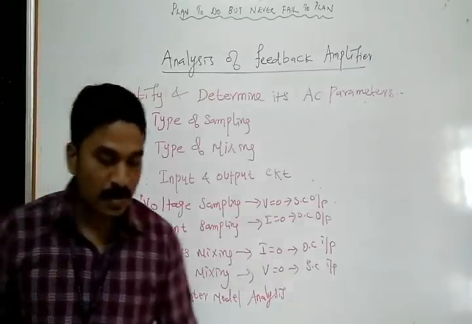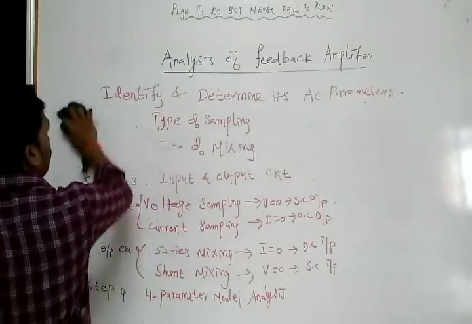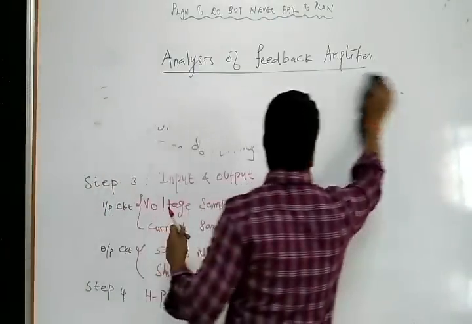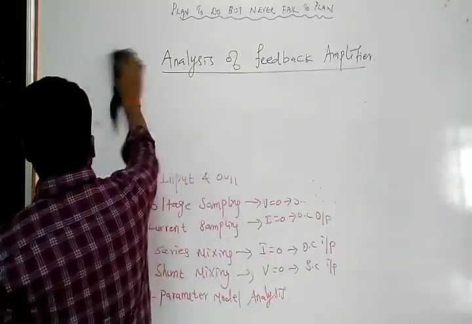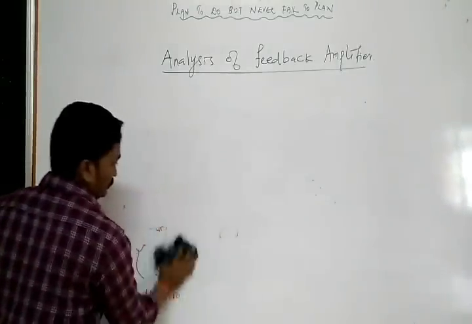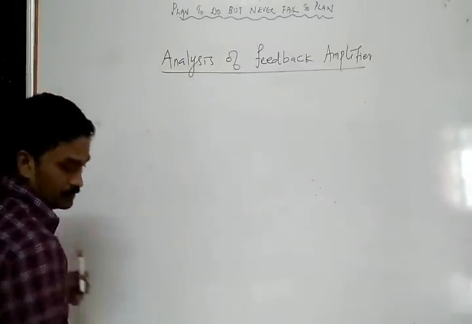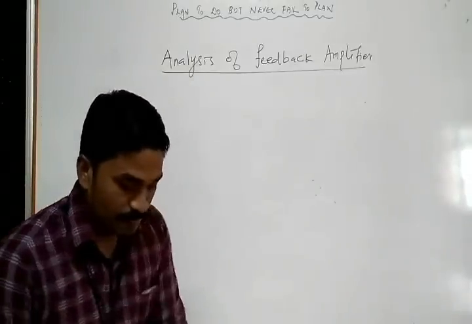Let us take one small problem in this lecture, and we'll see how to analyze the feedback amplifier using these 4 steps. We'll go step by step. Let us take a problem.